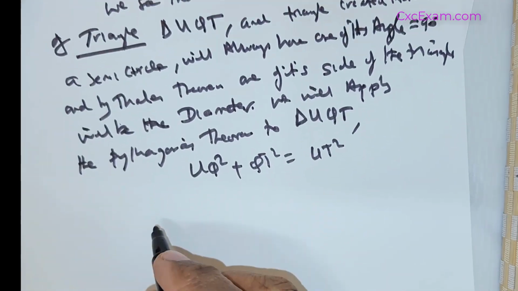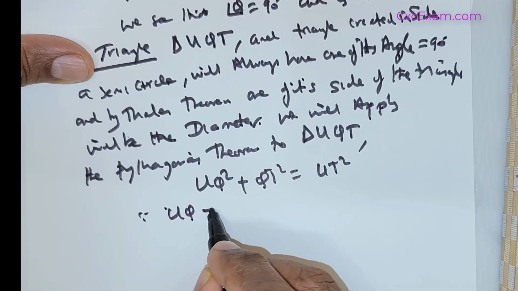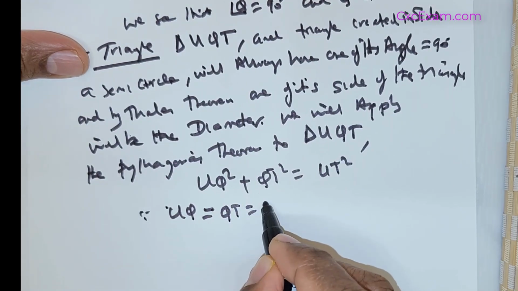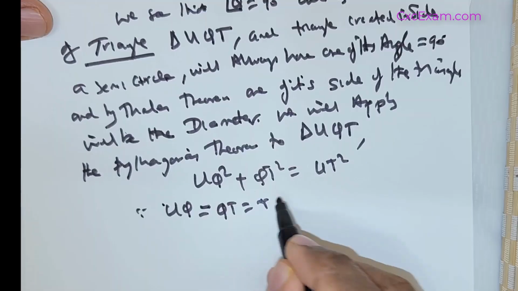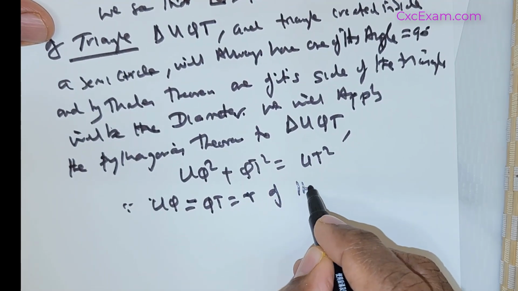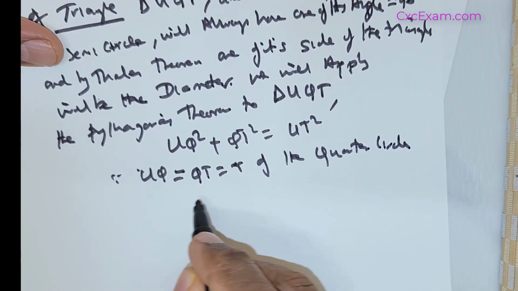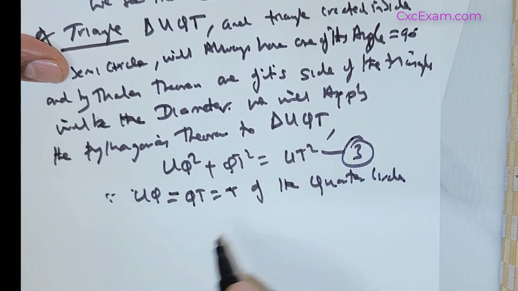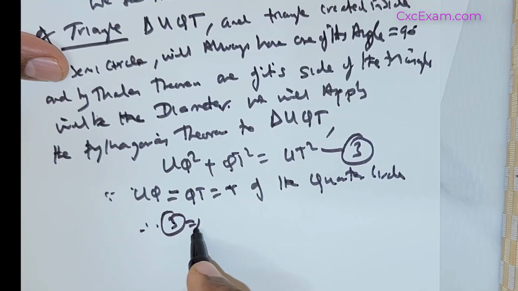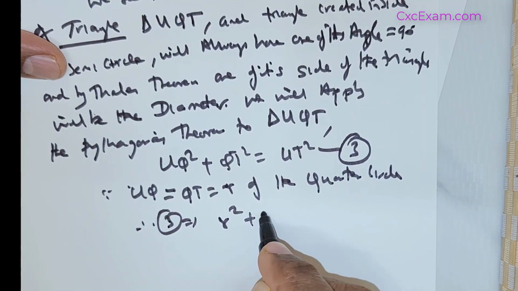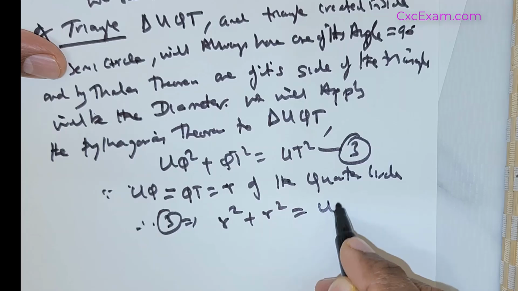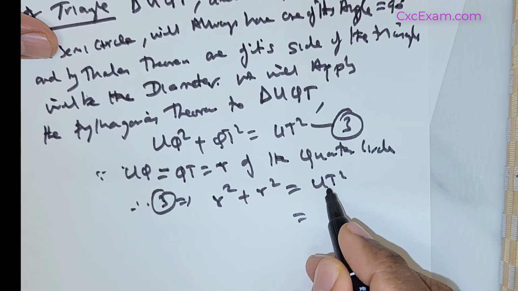So I'm going to state here, since UQ is equal to QT is equal to R, radius of the quarter circle. If I were to take this as sum 3, therefore 3 is going to be R squared plus R squared is equal to UT squared. But what is UT?